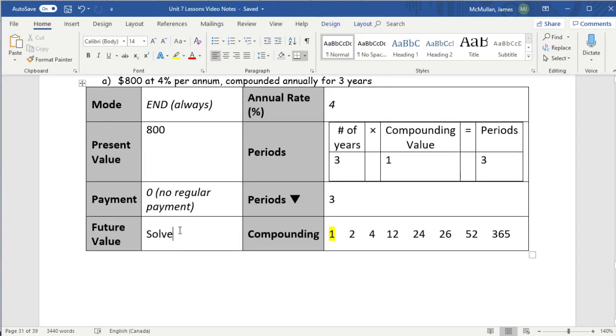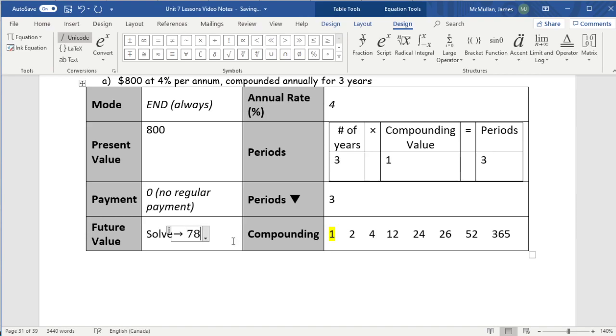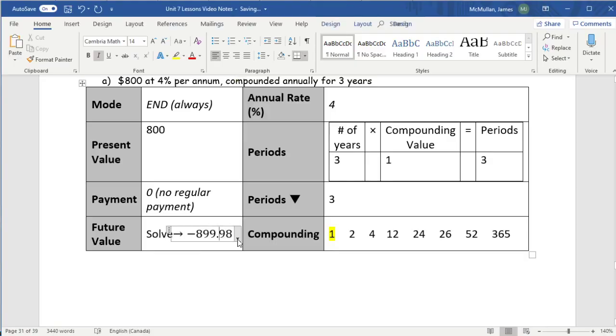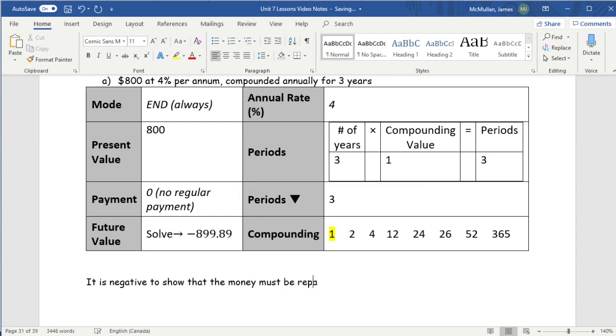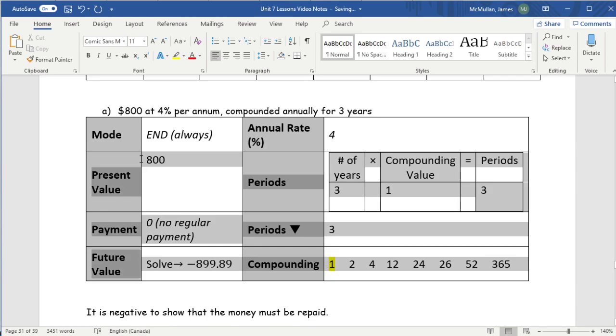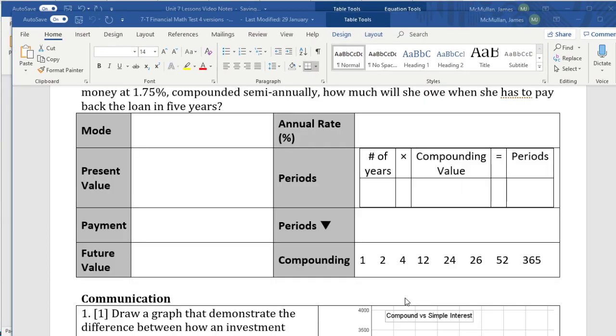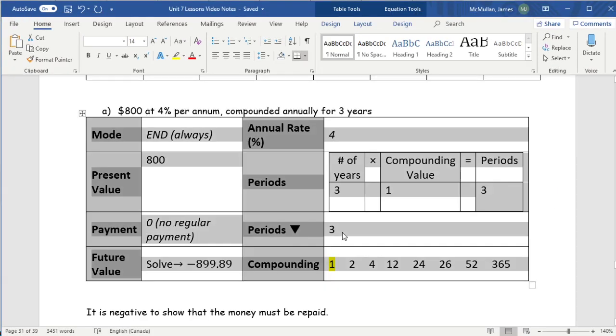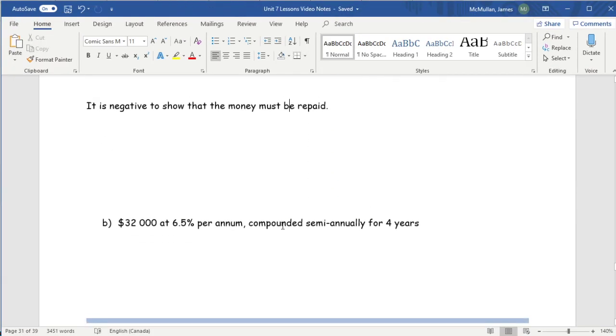So when I solve this one, I get $899, and it's negative. The reason it's negative is because you're going to owe that money back. You're not going to gain that money in the future. It is negative to show that that money must be repaid. Okay, and that's the way I think is best to approach this kind of work. You just use this to solve anything.